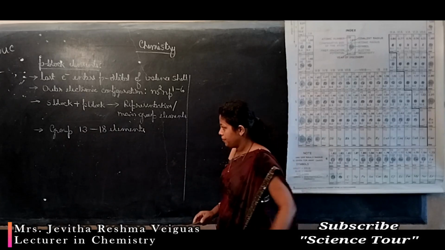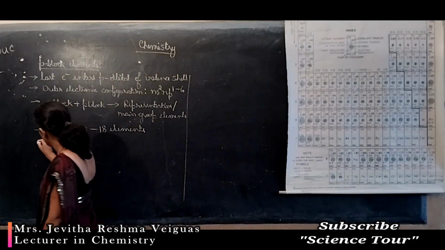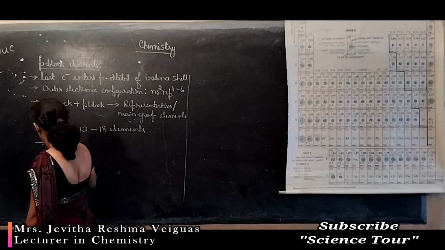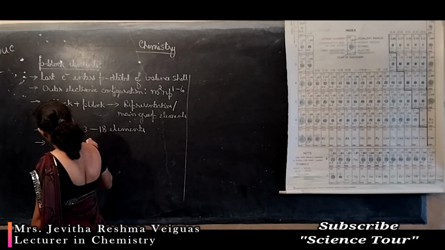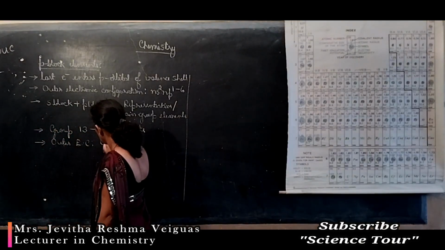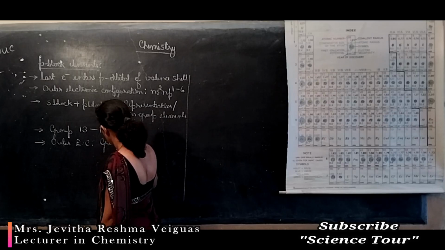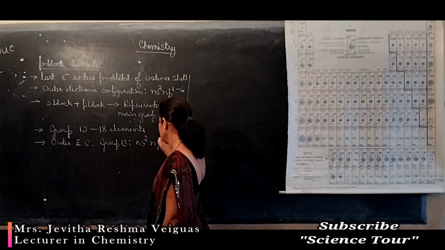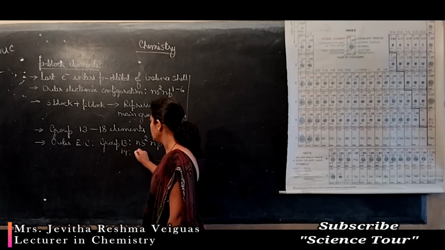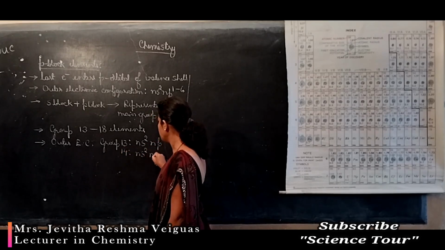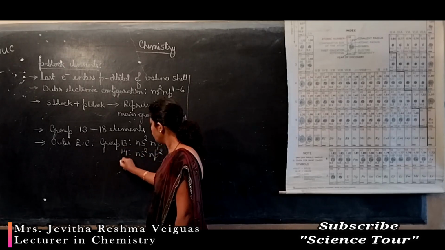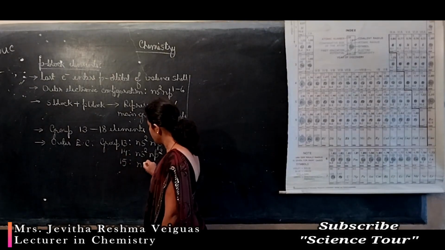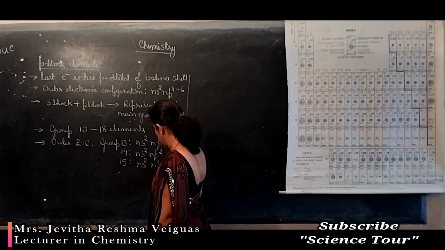Group 13, outer electronic configuration of group 13 is ns2 np1. Group 14, if you consider, is ns2 np2. Group 15 is ns2 np3.